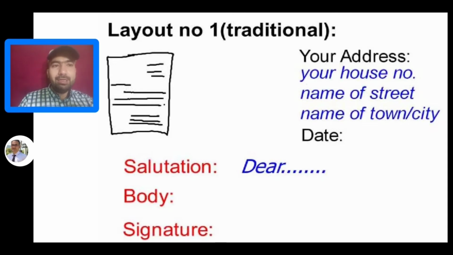This is how traditional or handwritten letters are written. In many cases, your personal address can also come at the bottom left side. So the personal address can be moved, but these parts must be mentioned. Their placement may vary in traditional or modern, but these parts are important.